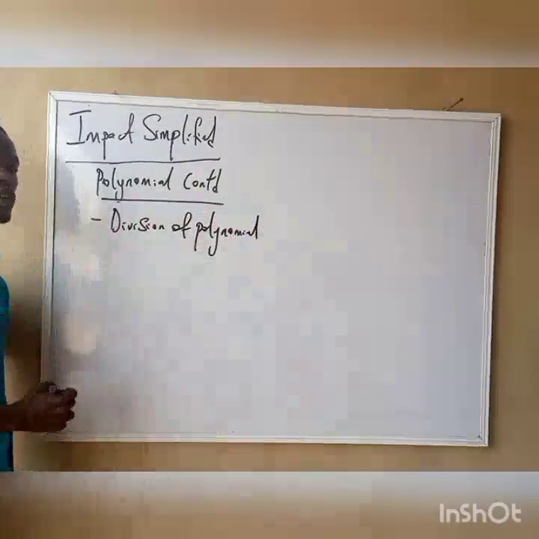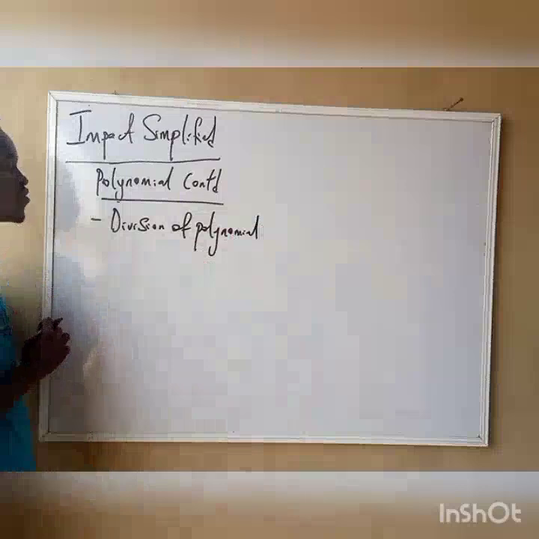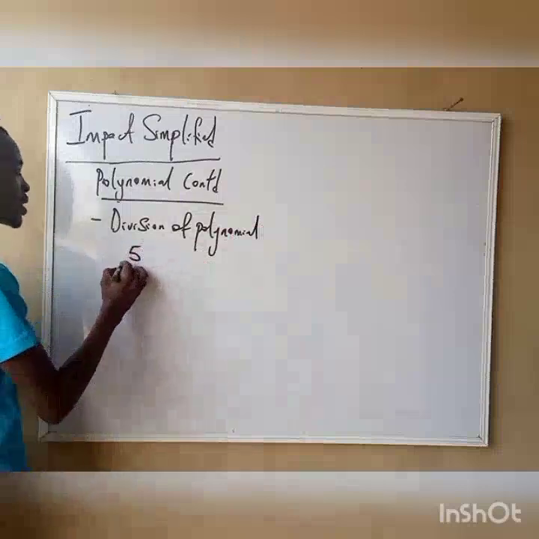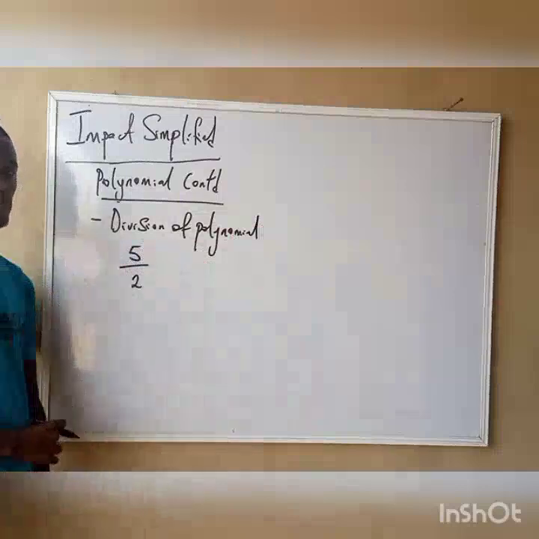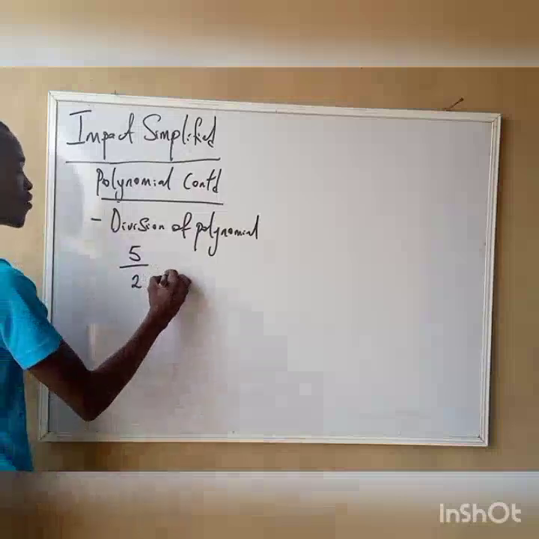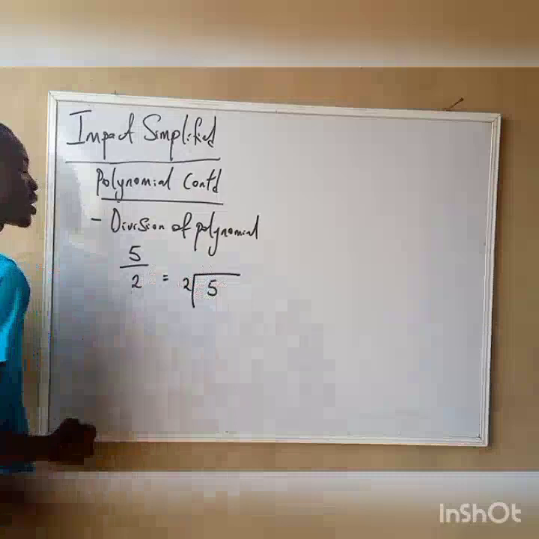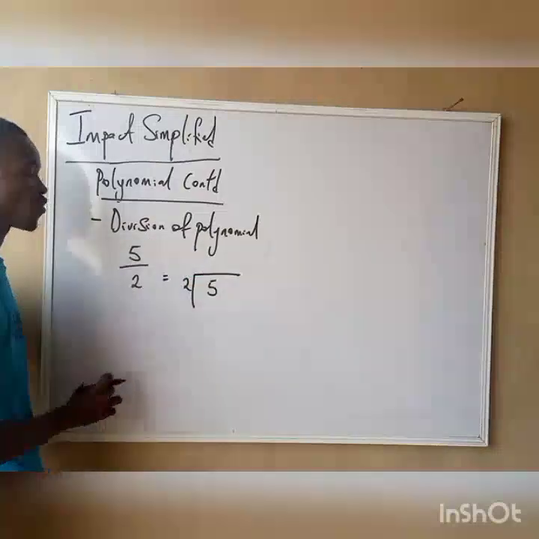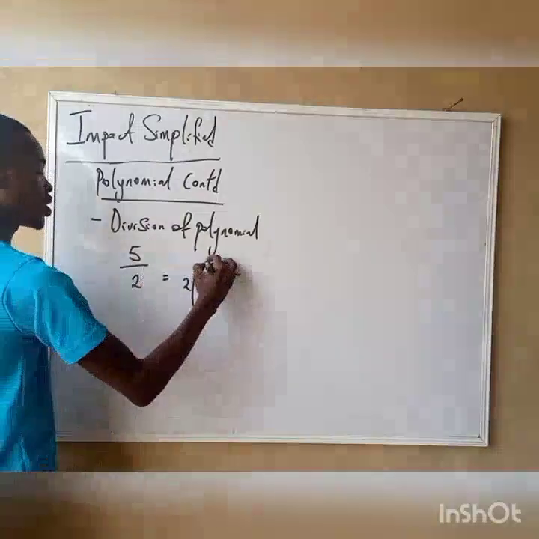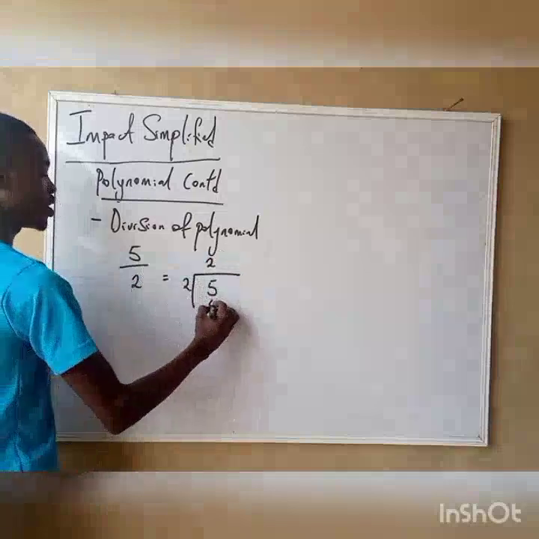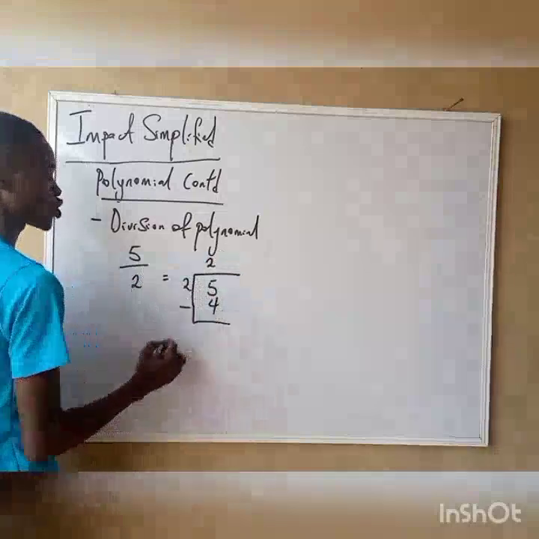Under the division of polynomials, the basic thing is something of this nature, 5/2. If you can recall very well, they taught us in primary school that to divide 5/2, 2 in 5 will give us 2, 2 times 2 will give us 4, and then you subtract.